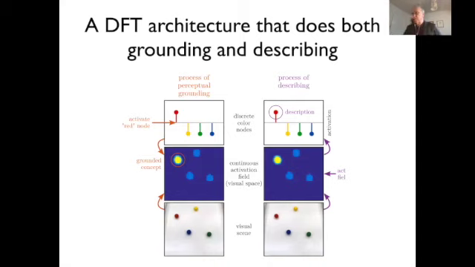So this is an architecture that makes a conceptual commitment to either ground or describe. So for instance, it has discrete nodes that represent color concepts. This would be red, yellow, green, and so on. And these nodes have that meaning. I'm not sure I have a graph for that now. I'll show you in a moment.